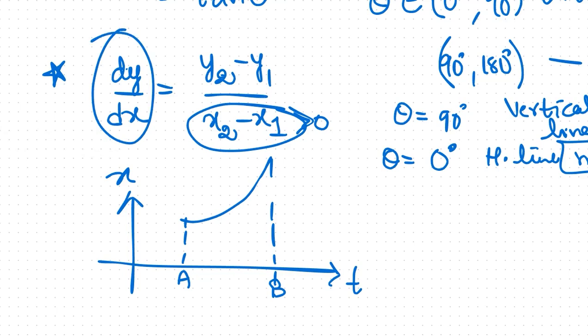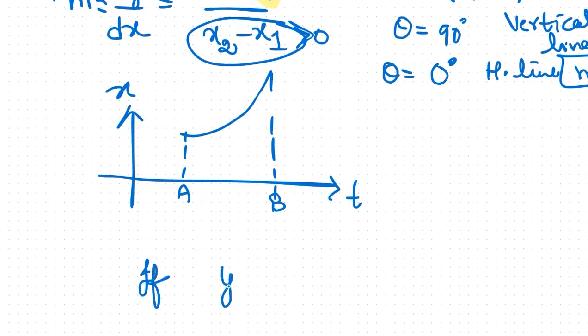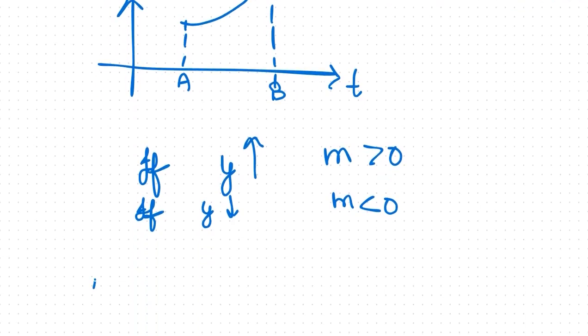So the sign of the slope, whether it is positive or negative, depends on the y values. If y increases, slope is positive. And if y decreases, slope is negative.